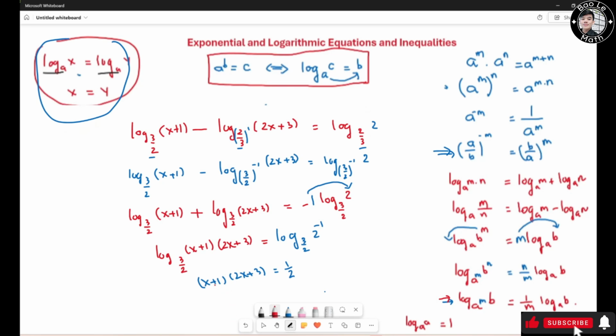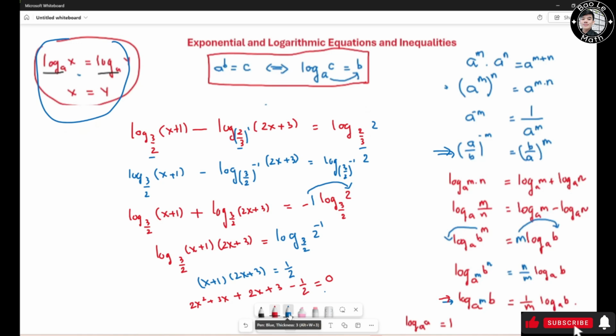Now I'm going to distribute this one, so it turns out to be 2x squared plus 3x plus 2x plus 3, and then subtract 1/2 from both sides, so it could be like this, equals 0, right?